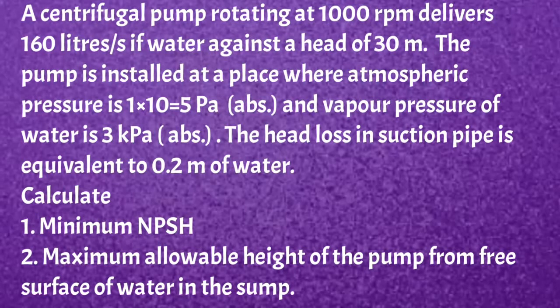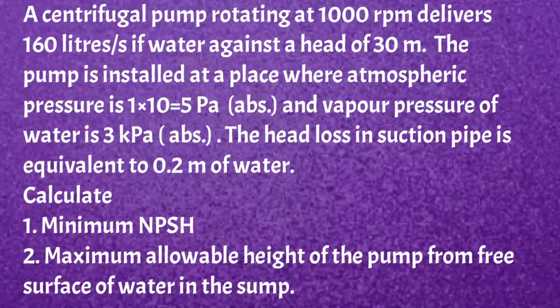The pump is installed at a place where atmospheric pressure is 1 into 10 raised to 5 Pascal absolute and vapor pressure of water is 3 kilopascal absolute. The head loss in suction pipe is equivalent to 0.2 meter of water. Calculate first minimum NPSH, second maximum allowable height of the pump from free surface of water in the sump. So this was the given question.